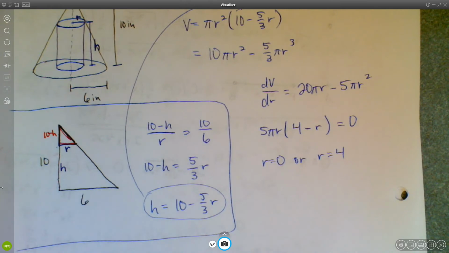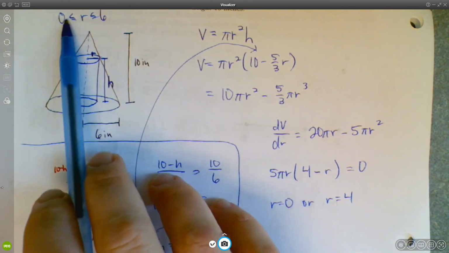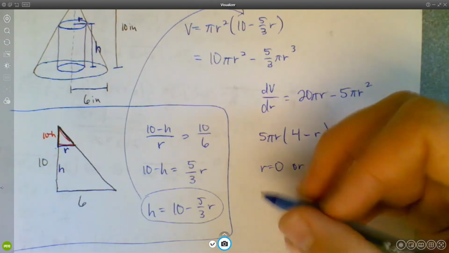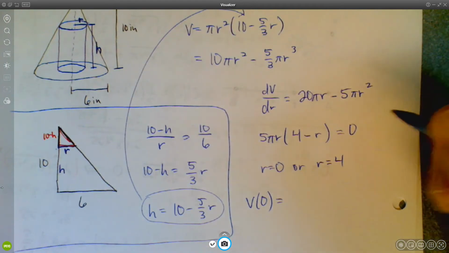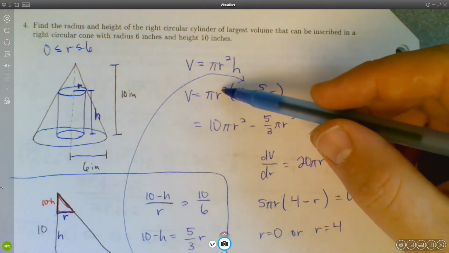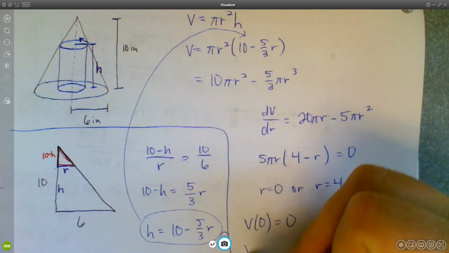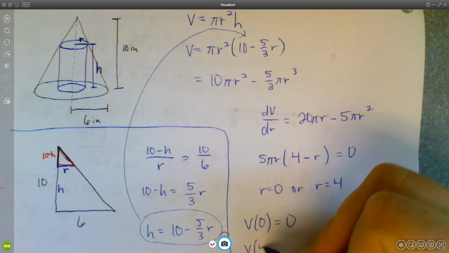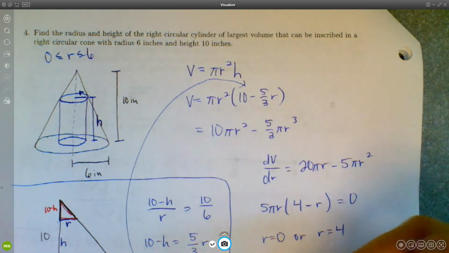So now I can test these out along with the endpoints. 0 is already an endpoint, so that's kind of nice. But I can look at volume when r is 0. That's going to be pi times 0 squared times whatever. That's just going to be 0, right? I can look at the volume when r is 4. That's going to be pi times 4 squared times 10 minus 5/3 times 4.